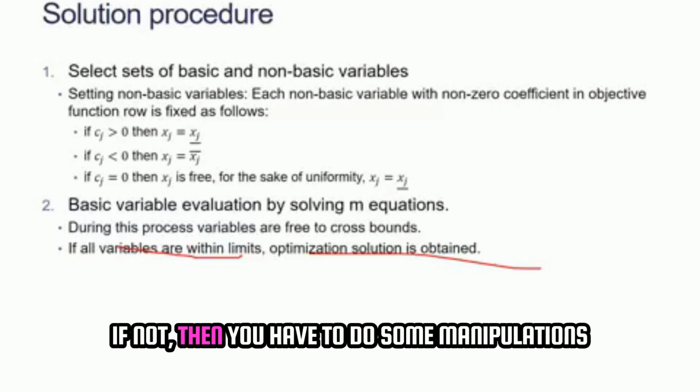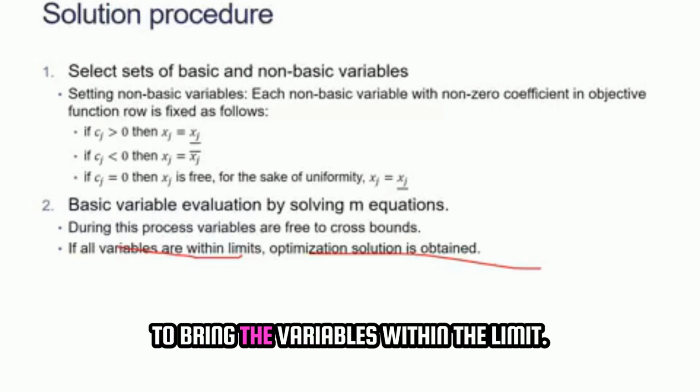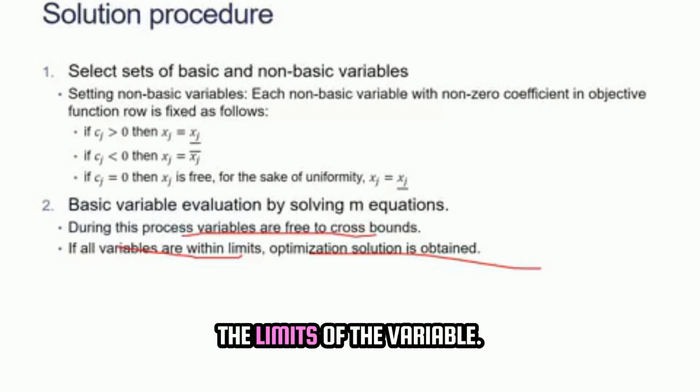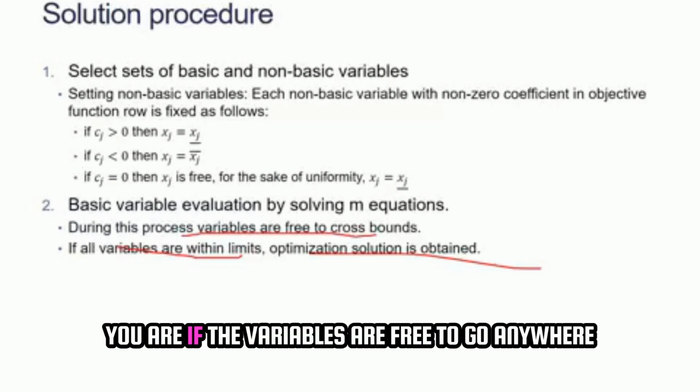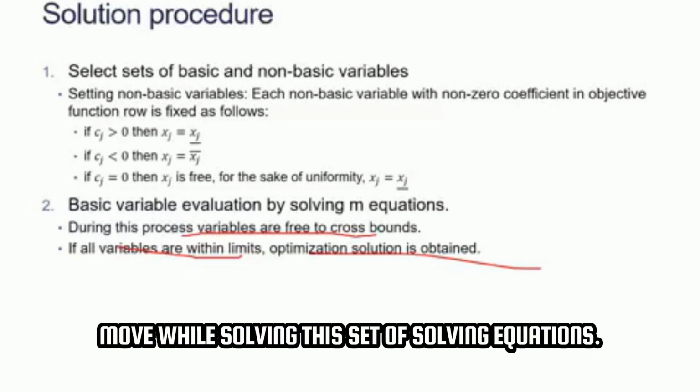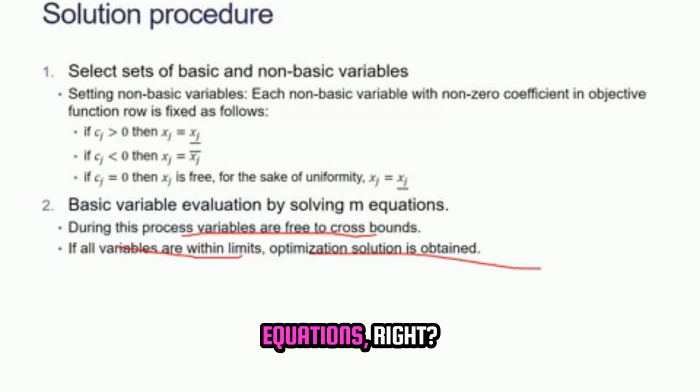If not, then you have to do some manipulations to bring the variables within the limits. In this process, you do not consider the limits of the variables. The variables are free to go anywhere in the search space while solving this set of m equations.